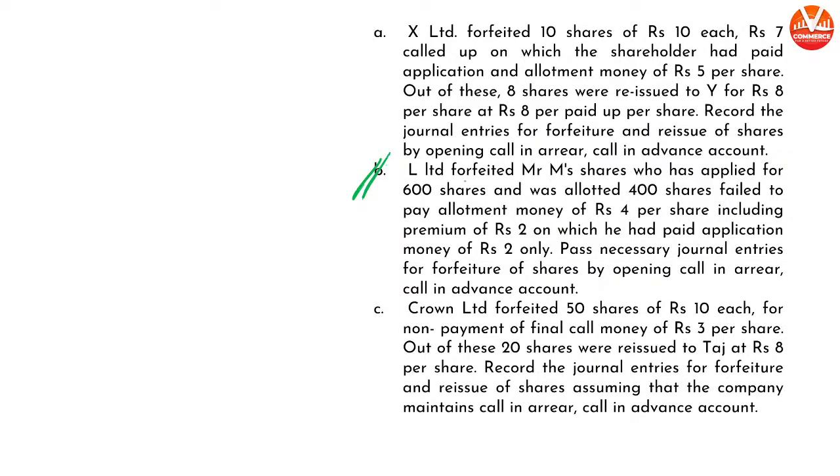So the next part is L Limited forfeited Mr. M's shares, who has applied for 600 shares.